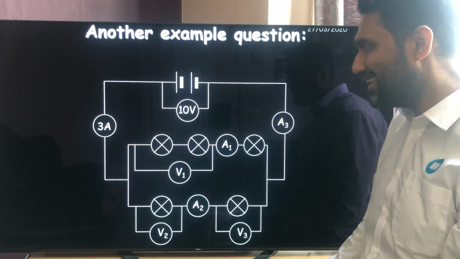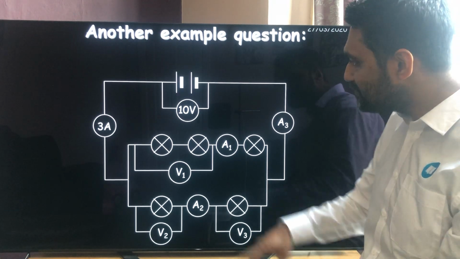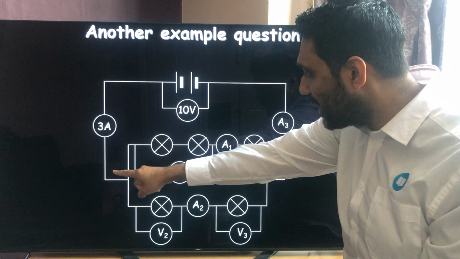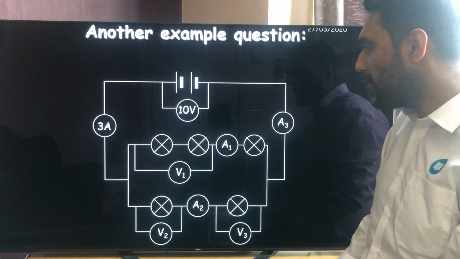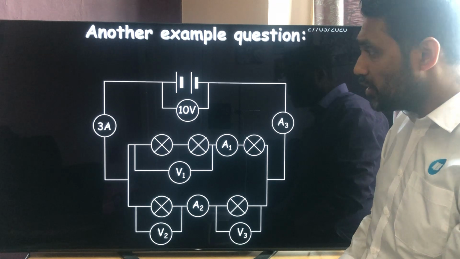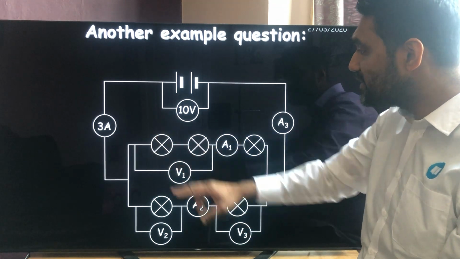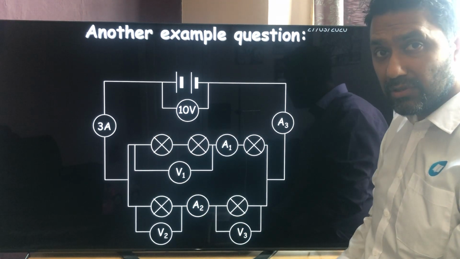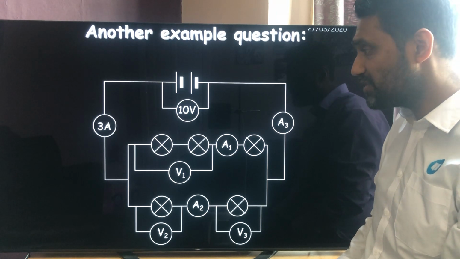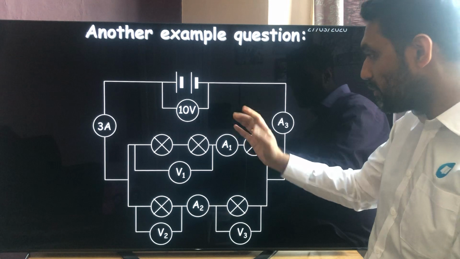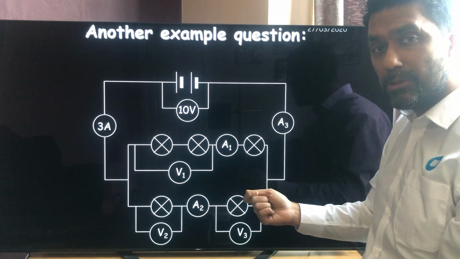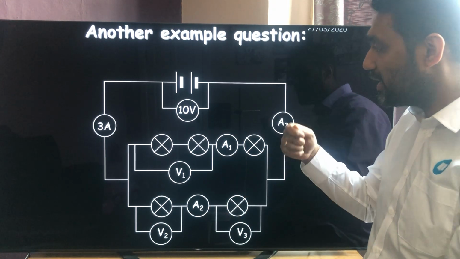What about current? A little bit trickier now. Current, as it goes through there, it's got 3 amps. But now I've got 5 bulbs in total. So I need to do 3 divided by 5. Okay, so it's 3 over 5, 3 divided by 5. And then I'm going to multiply it by my two numbers. I'm going to multiply it by 2 and I'm going to multiply it by 3.